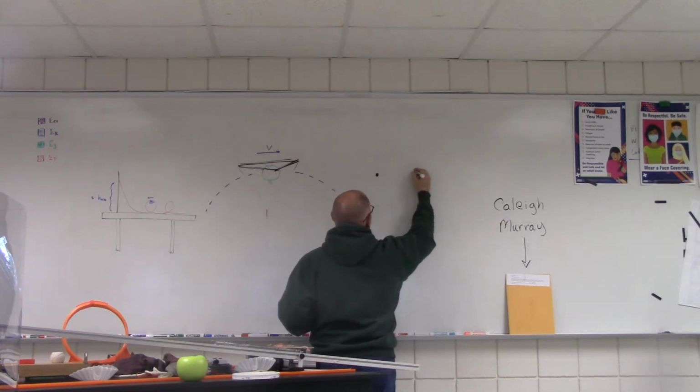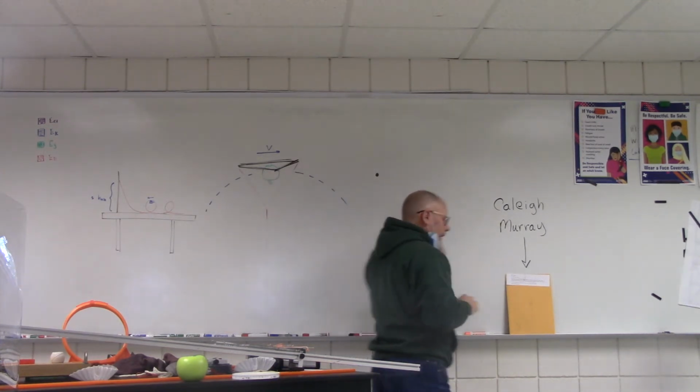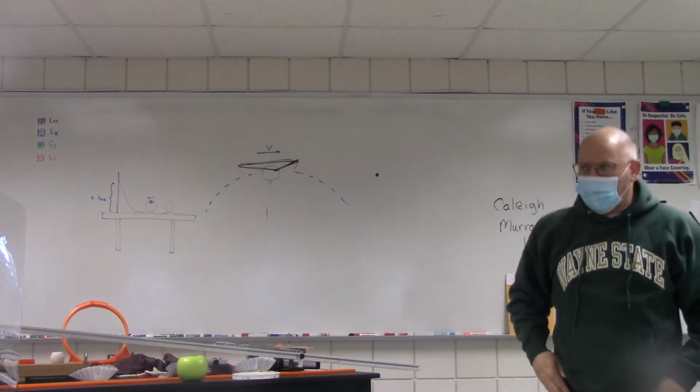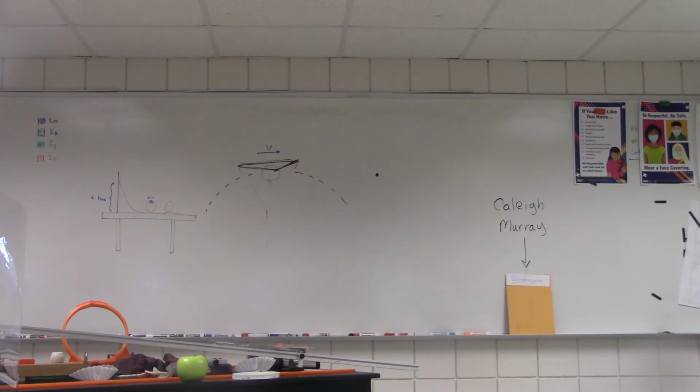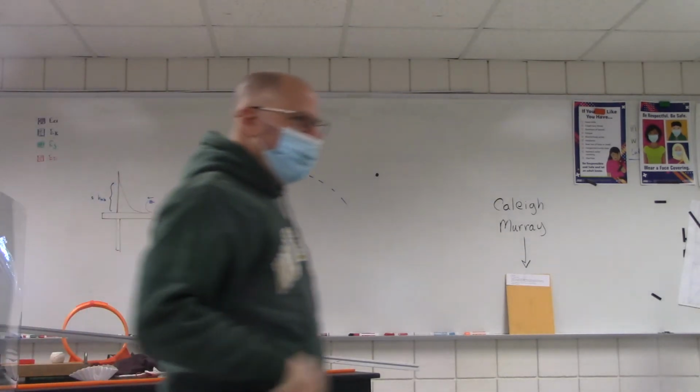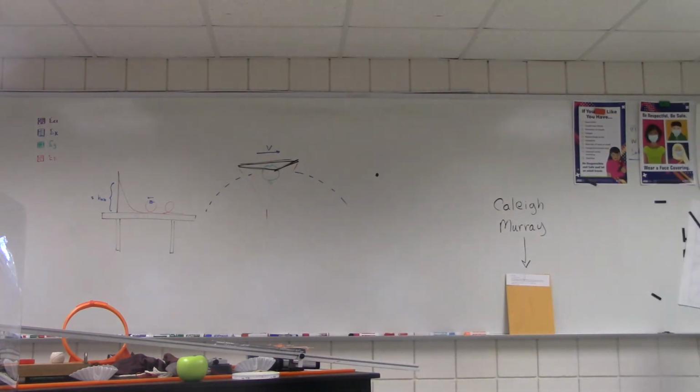So use this dot as the apple and draw all the forces on the apple right now. Because we're trying to find out why it doesn't fall out of the loop, right? Is there something pushing it up onto the plexiglass?